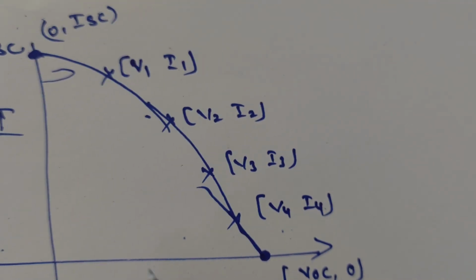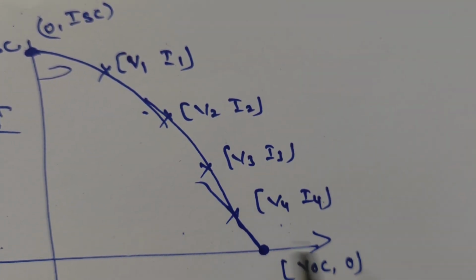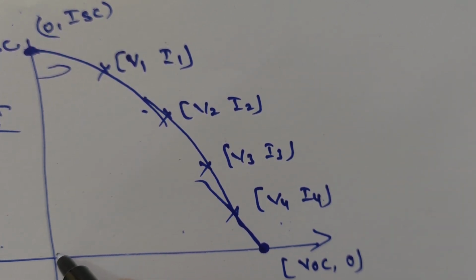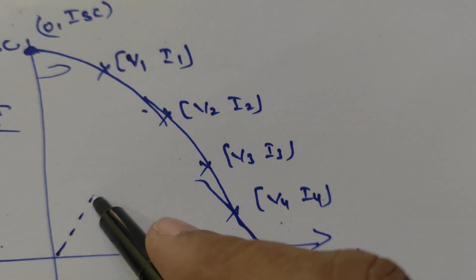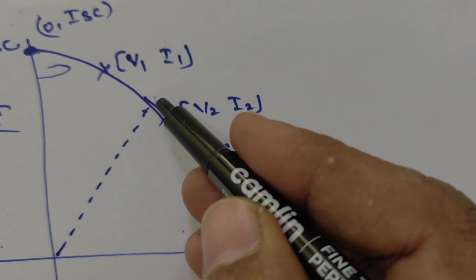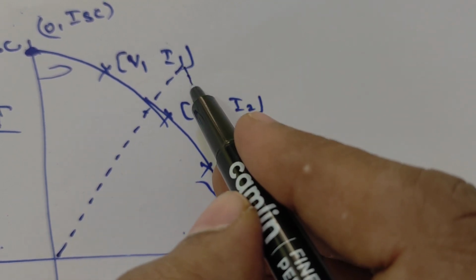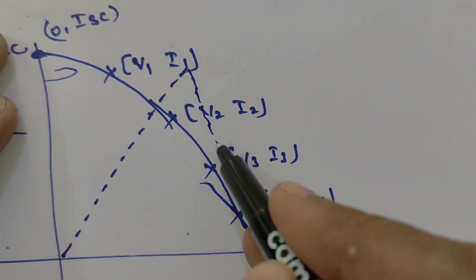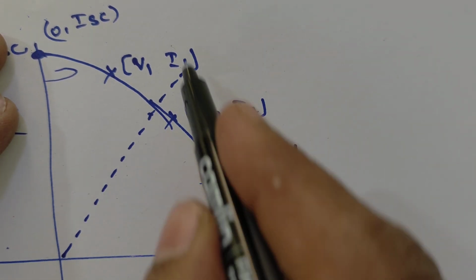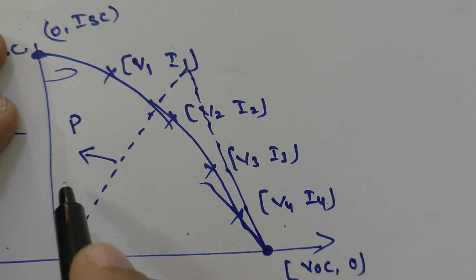Once we draw for different sets of values, the particular set of voltage and current values whose product gives the maximum is taken as the power maxima point. For example, when we draw power versus voltage, the power increases like this, reaches a maximum, and then drops.